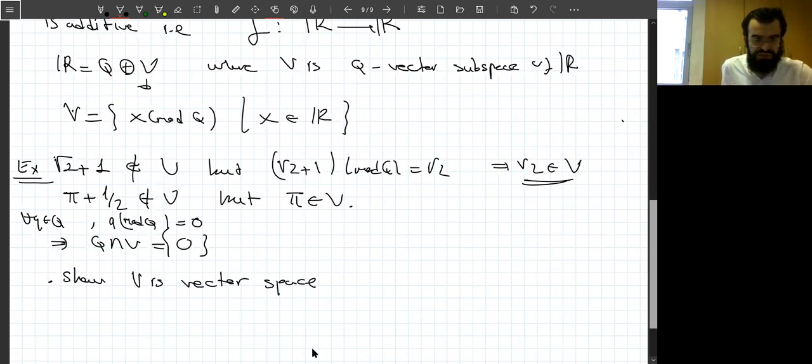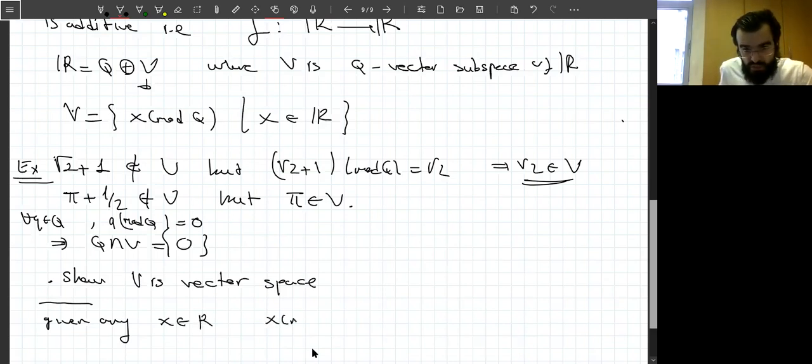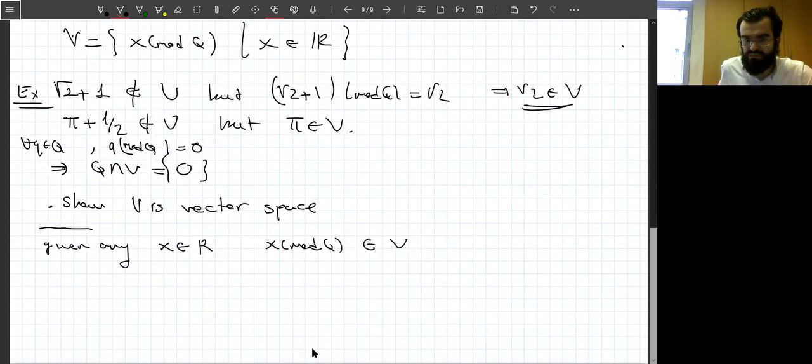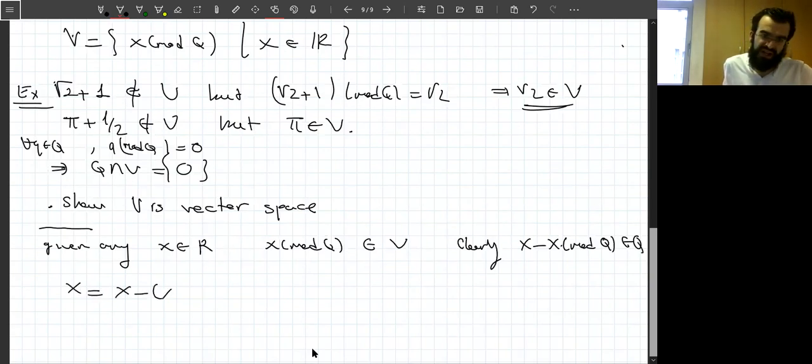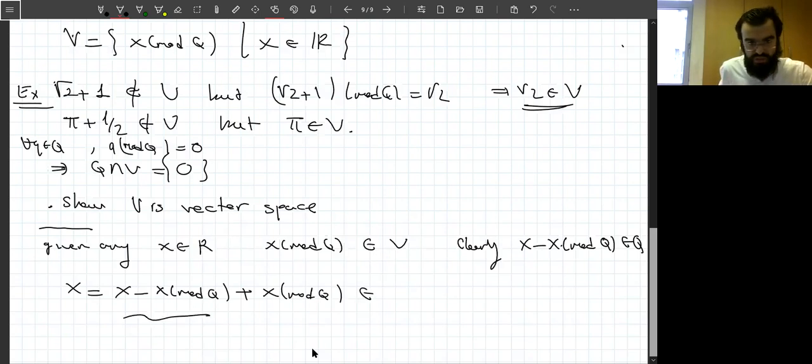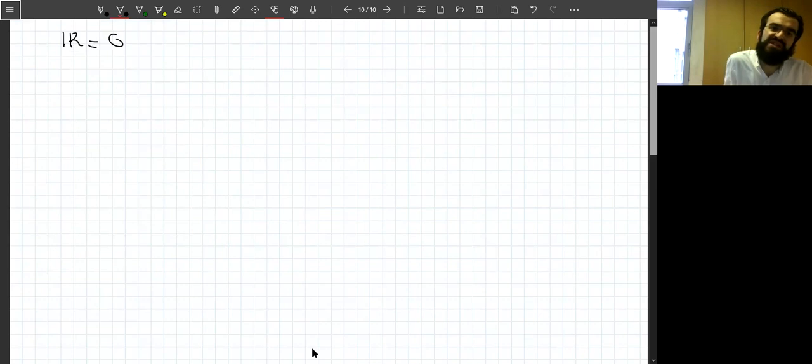Now given any x in R, x mod Q is in V, and then clearly x minus x mod Q belongs to Q. So x minus x mod Q plus x mod Q belongs to Q plus V. This implies our set of real numbers can be written like this.